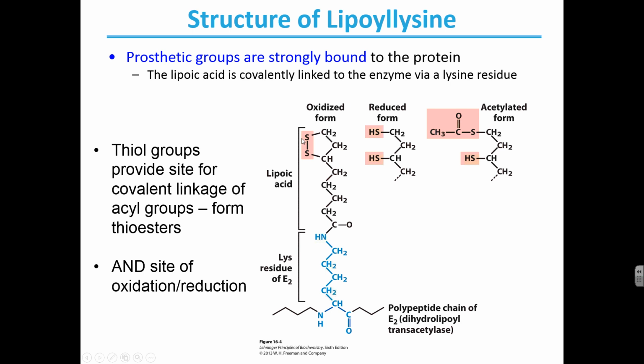So you'll see this is the oxidized form with your 2 sulfurs bound, and this is the reduced form in which you have 2 thiol groups because they're holding excess electrons. We'll see at one point during this enzyme process that the acetyl group that was originally part of pyruvate is going to be bound here, and then we'll see this other area here is holding an extra electron. So this is going to be part of the middle. This is part of your E2 reaction.